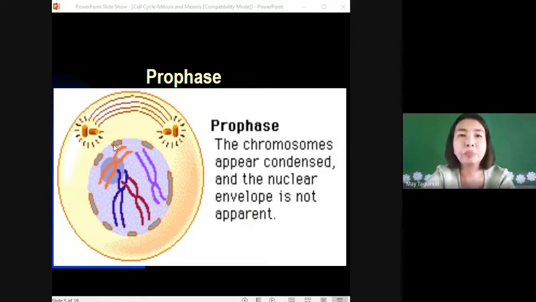The nuclear membrane, this one on the outside, starts to disappear. The spindle fibers form, these lines here are the spindle fibers. What is the purpose of the spindle fiber? It is a fibrous structure from the cytoplasm which forms from the centriole.